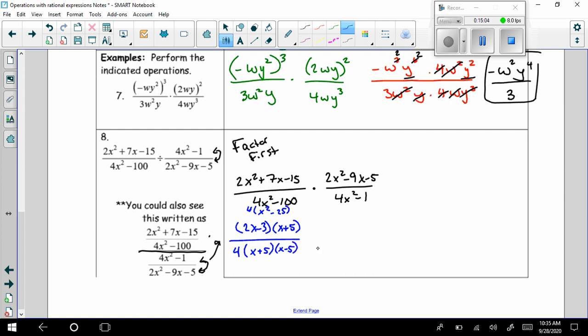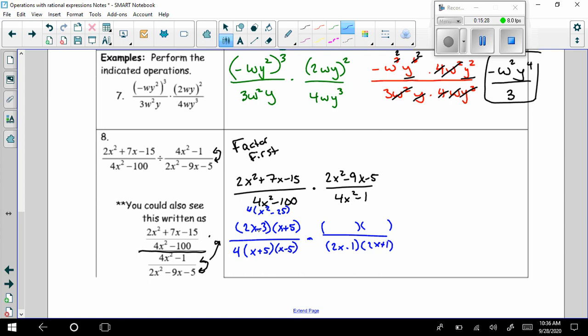Now, as you're factoring these, again, keep in mind that a lot of times top and bottom will have matching things, both diagonally and straight up and down. So if you get stuck factoring, look at some of the factors you already have and see if that will help you. So for example, the bottom here factors as a difference of squares. So we have 2x minus 1 and 2x plus 1.